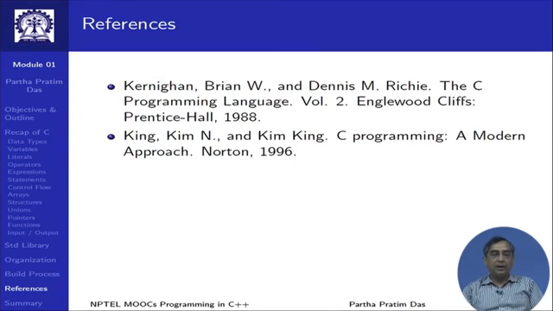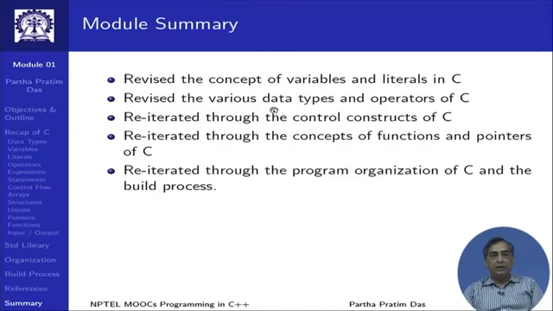These are the reference books in case you want to refer to them. And so, in summary, in this whole module we have revised the fundamental concepts in C: variables, data types, literals, control constructs, and we have iterated through functions and pointers and the organization and the build process.